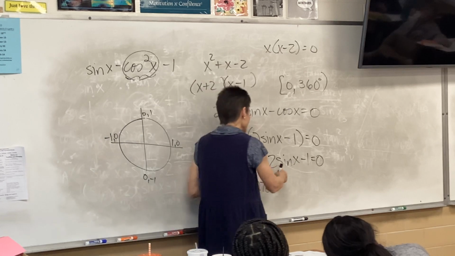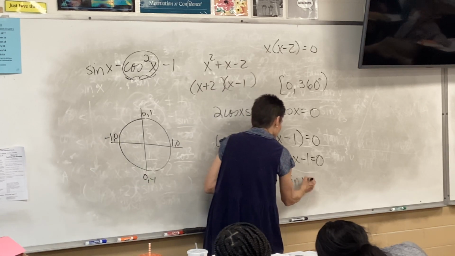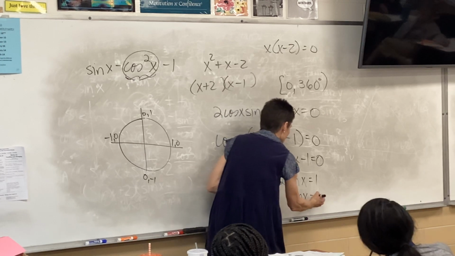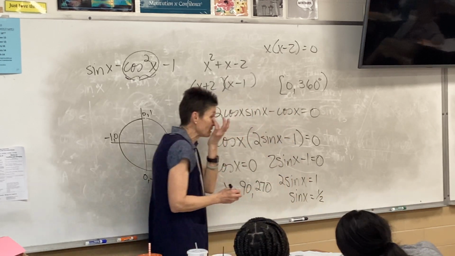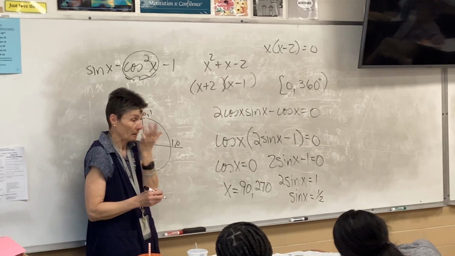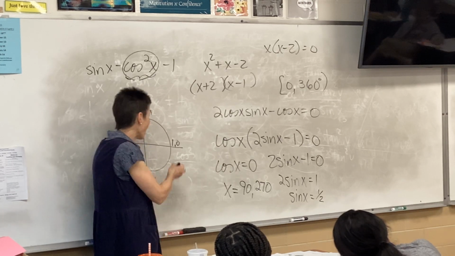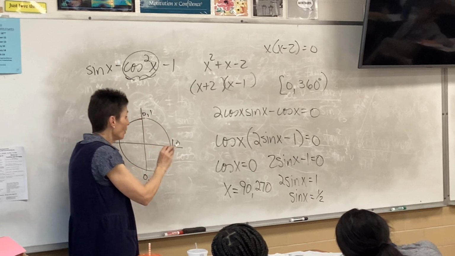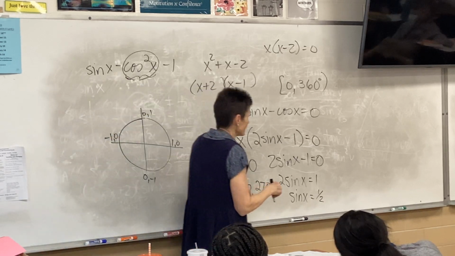Now, solve this one. What does this one say? Add 1, divide by 2. Doesn't it say sine equals 1/2? Yeah. Now that is not one of these, right? Zeros and 1s are here. 1/2 is out in a quadrant someplace.